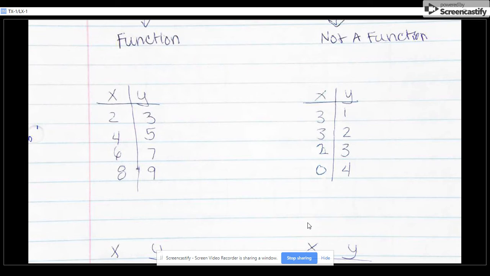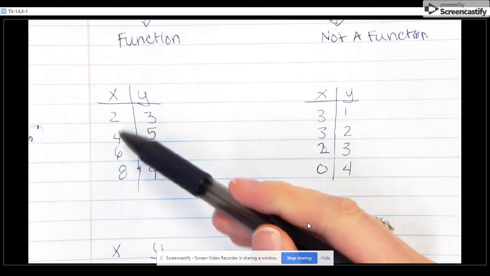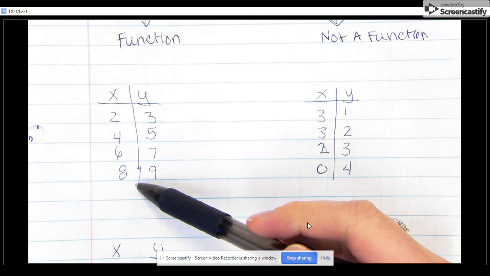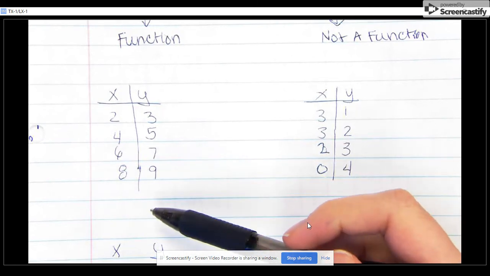So we can also identify a function from points. This is one representation of how you might see points. What you're looking for is for every x value to have one y value. In my x column, I see the values 2, 4, 6, and 8. Great, none of those repeat.